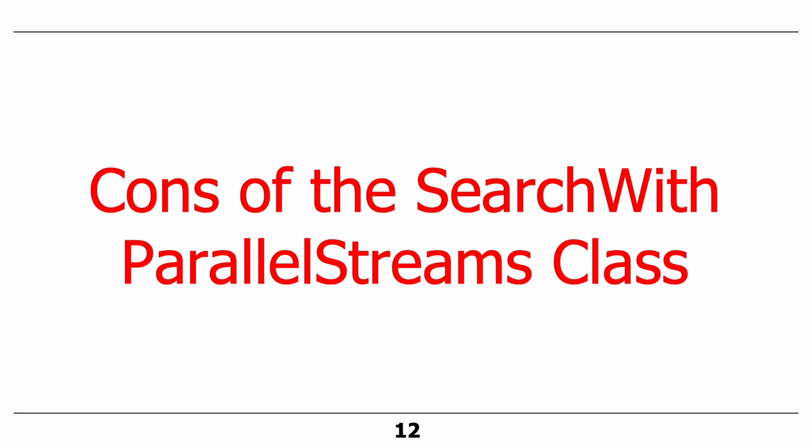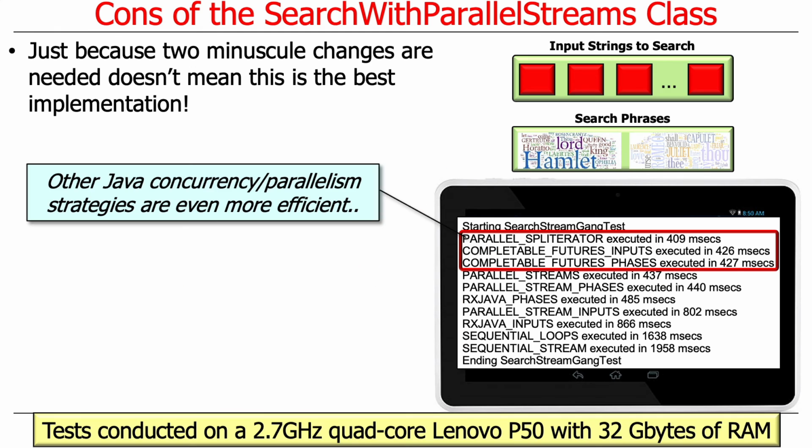As I mentioned before, there are some downsides with using parallel streams. The main downside is just because it was absolutely trivial to make these tiny, minuscule changes in order to make sequential code run in parallel doesn't necessarily mean that's the best way to do things.